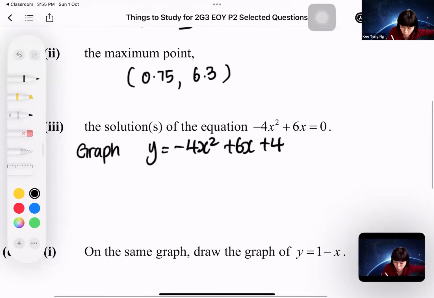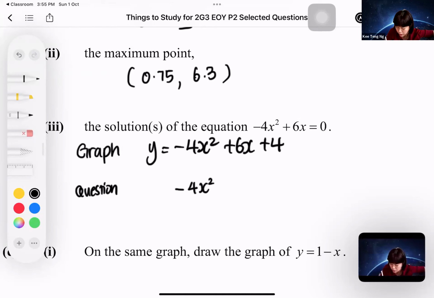But my question gives me no y, it's just negative 4x squared plus 6x equals 0.